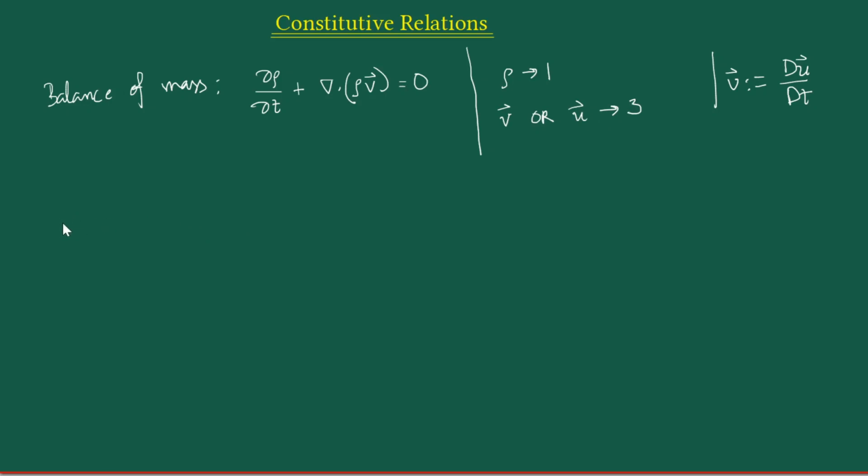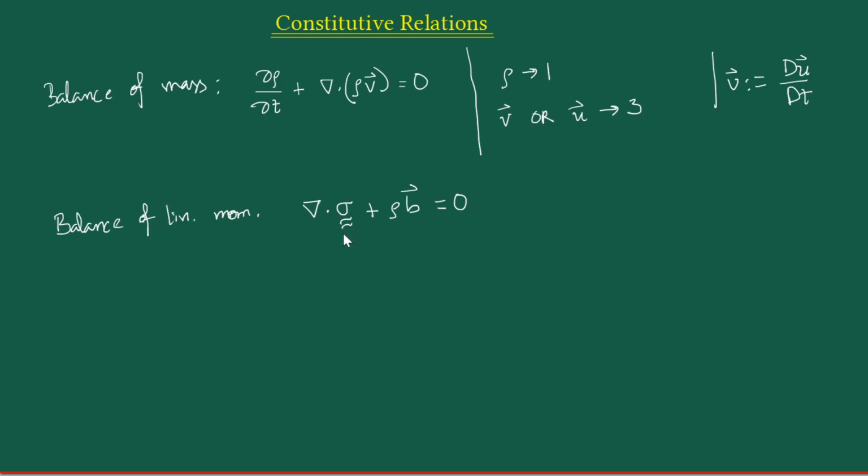Next, from the balance of linear momentum, we ultimately arrived at this particular equation. We actually arrived at the Cauchy's equation of motion, but considering static equilibrium, we arrived at this equation. Now here you see how many unknowns are here.